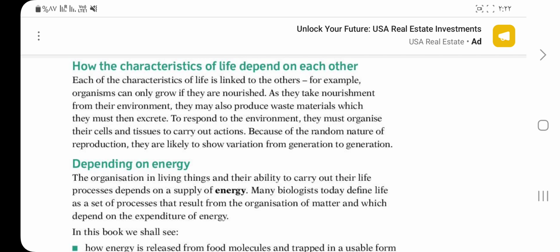To respond to the environment, they must organize their cells and tissue to carry out this action. It's called adaptation. Because of the random nature of reproduction, they are likely to show variation from generation to generation.